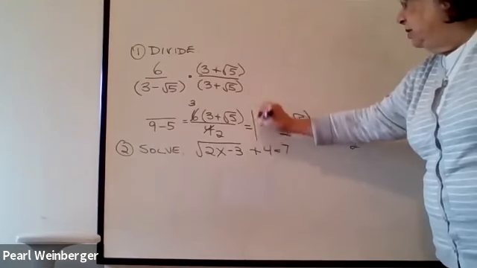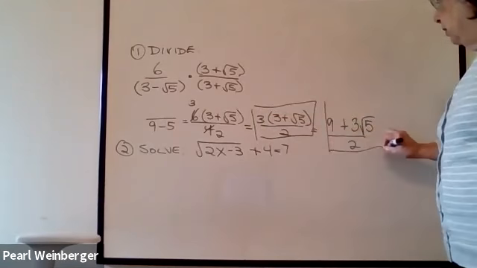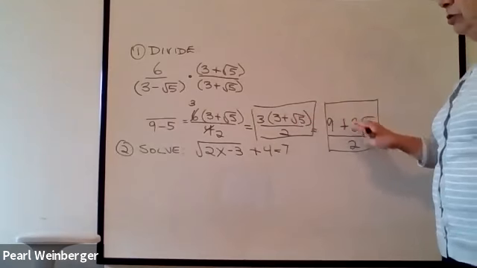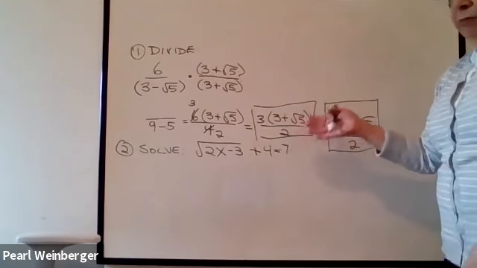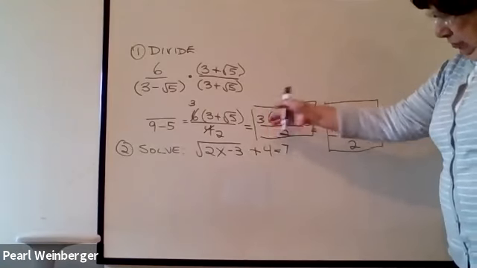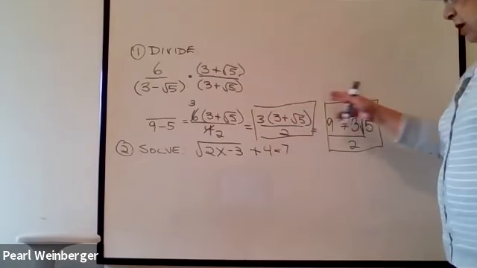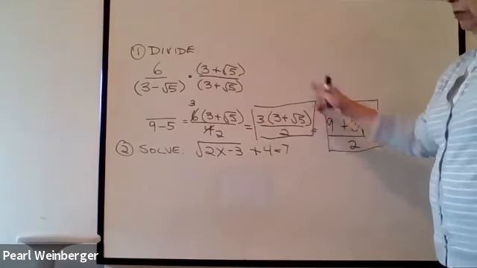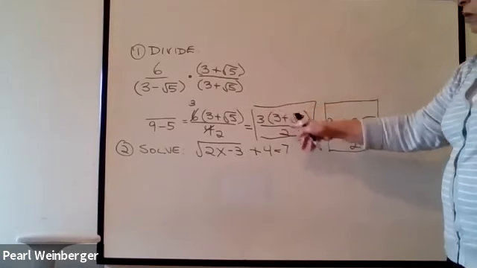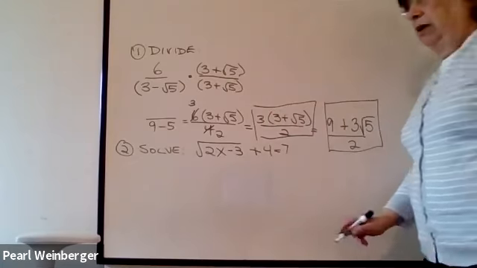Both this answer and this answer are perfectly correct answers. Sometimes in a multiple choice test, they will leave the answer in factored form. Sometimes they'll remove the parentheses, but don't forget that first you reduce and then you multiply.